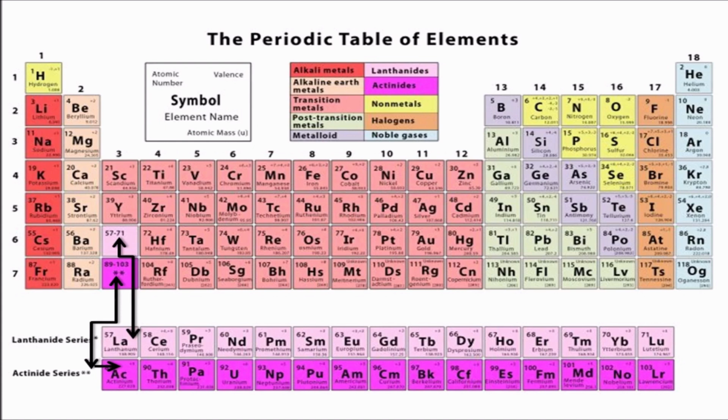This revealed that atomic number is a more fundamental property of an atom than atomic mass. So the properties of elements are a periodic function of their atomic numbers.